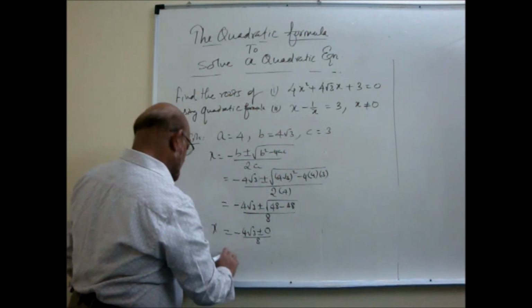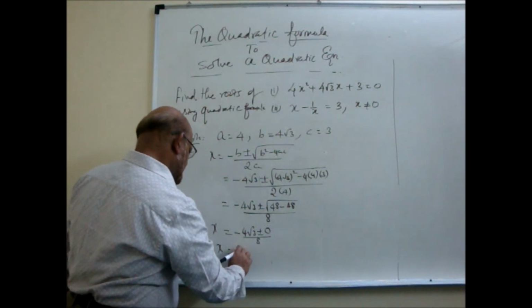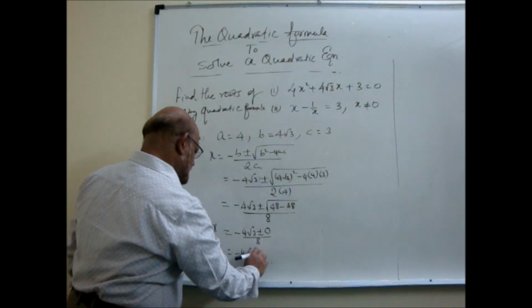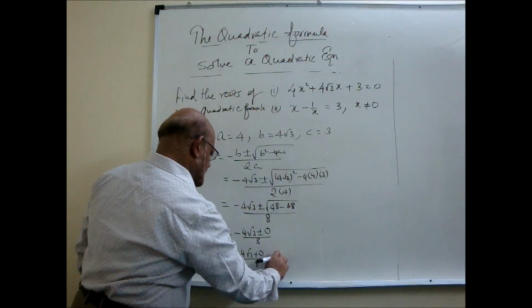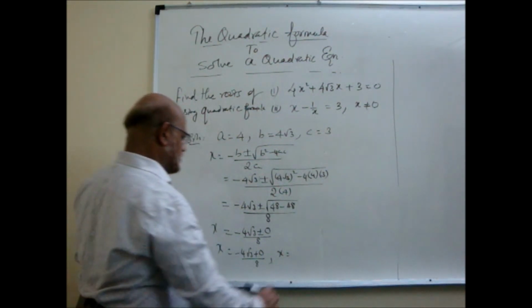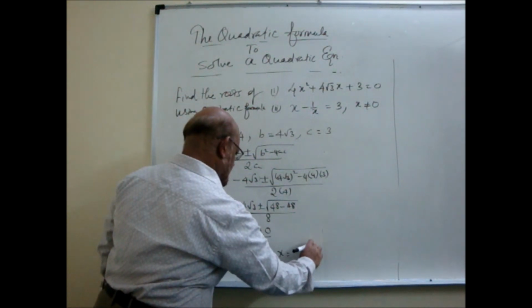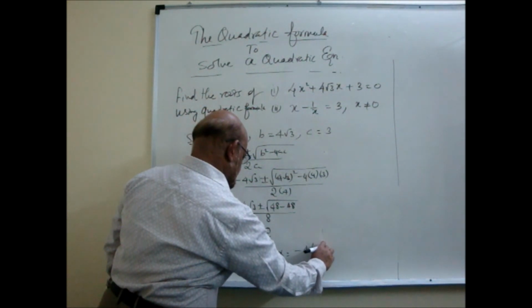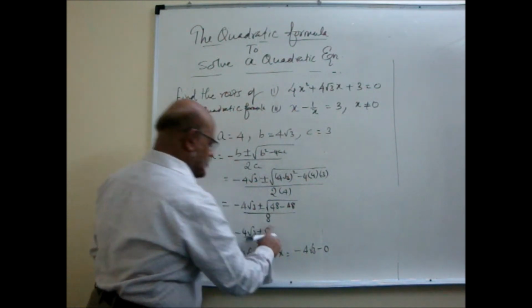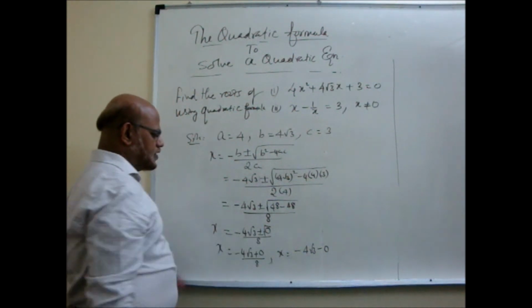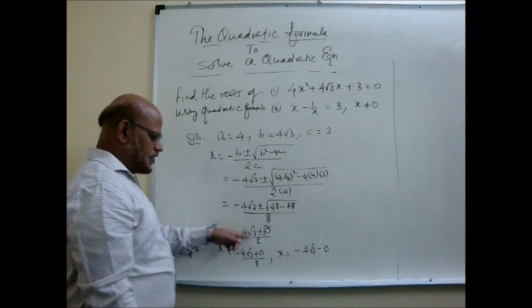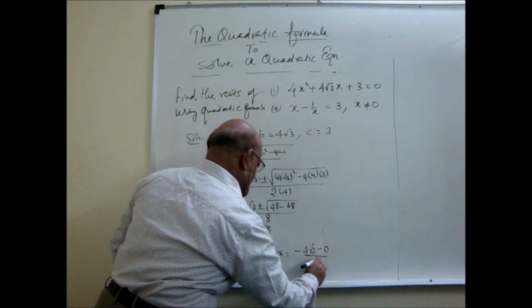So here I still write two roots: x is equal to minus 4 root 3 plus 0 by 8, and x is equal to minus 4 root 3 minus 0 by 8. Under root 0 is 0 only, okay? Plus or minus 0. So it becomes 8 here.